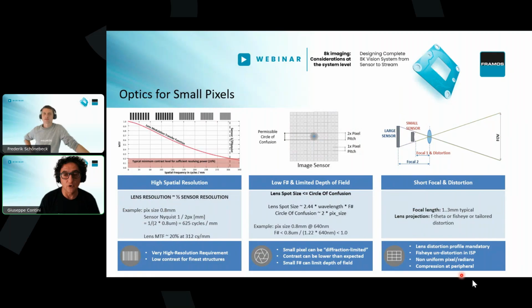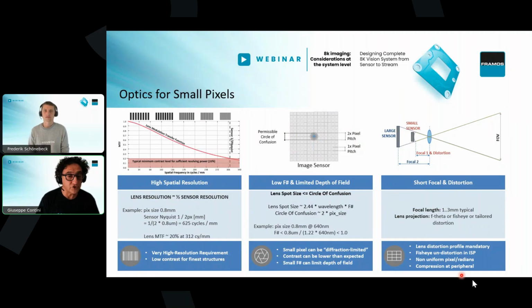For IMX 06A, it is the same, but because the pixel is wider, the lenses are bigger than M12 because the sensor is 1 inch, and there it's easier to find a matching lens in terms of CRA.